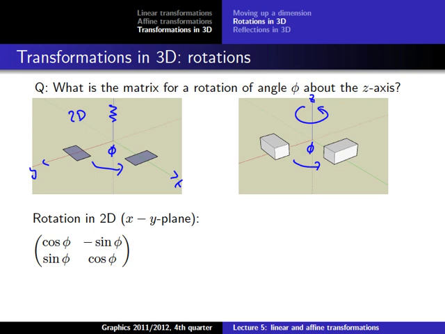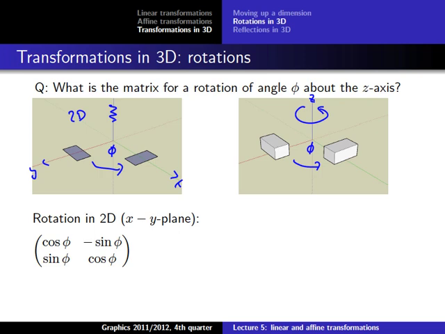We see that the xy values actually behave in exactly the same way as if we rotate in the plane. And the z value stays the same because we are rotating around the z-axis. So the values don't move up and down, they stay in the same plane. So they keep the same value.